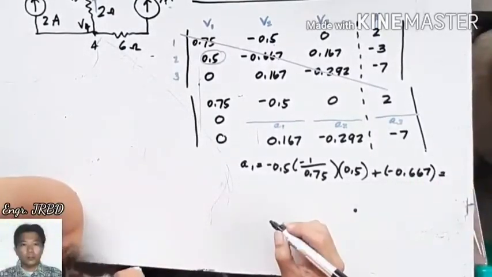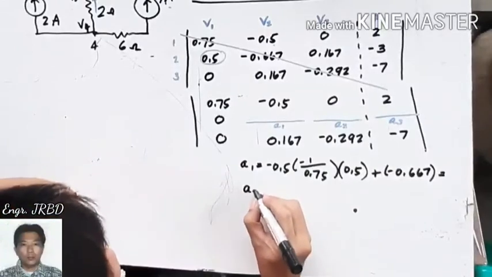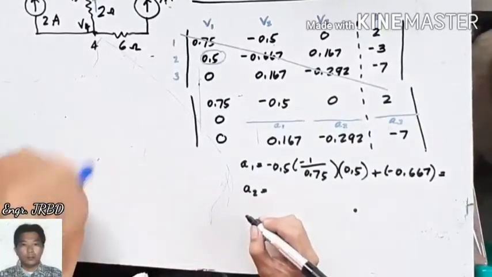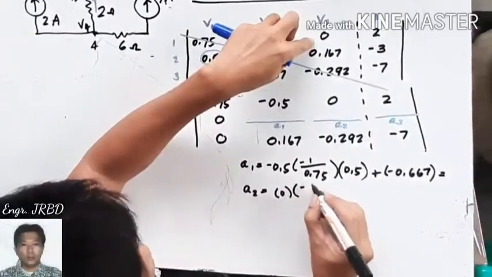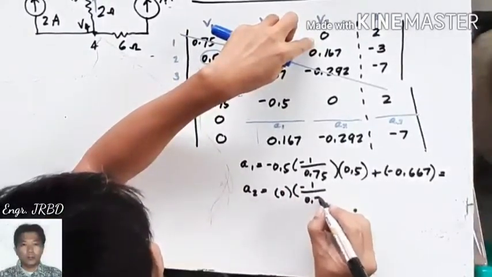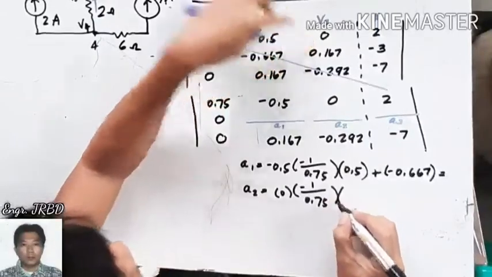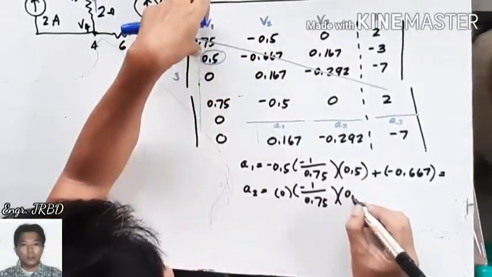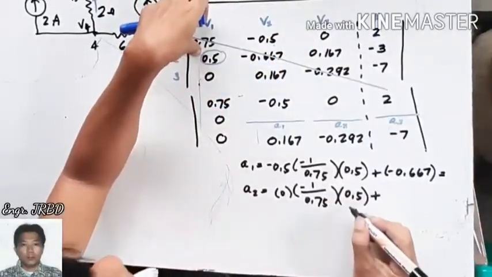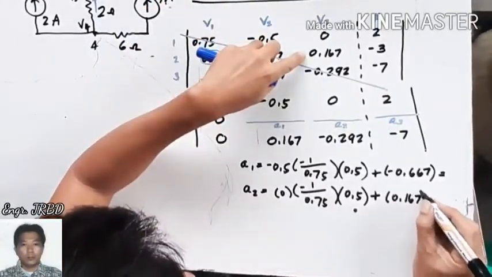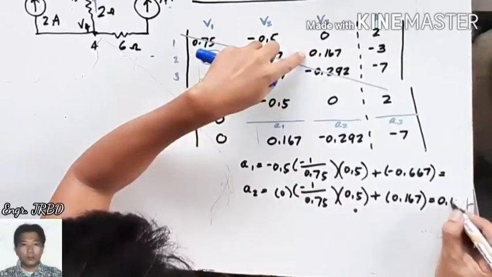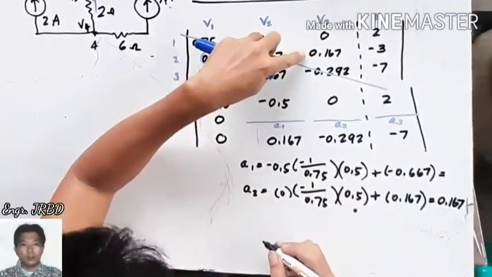And for a sub 2, this is 0 times the negative reciprocal of 0.75 times 0.5 plus 0.167. Naturally, this is 0.167.